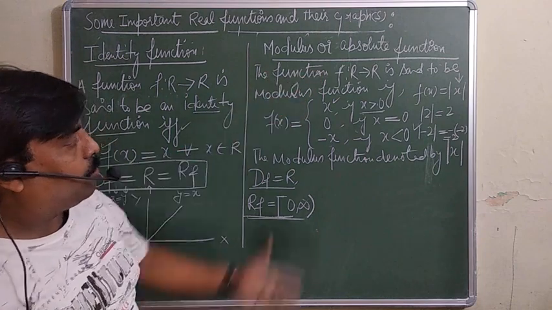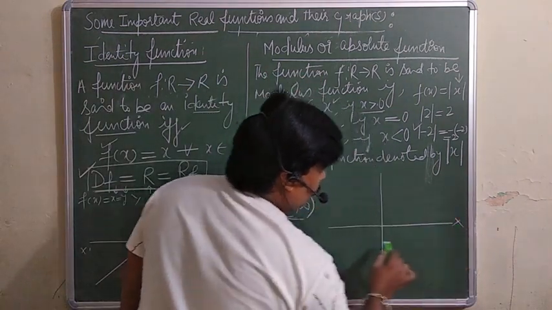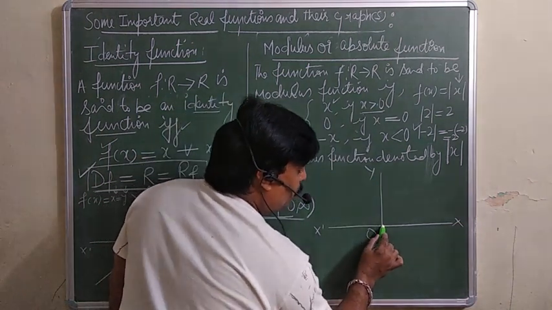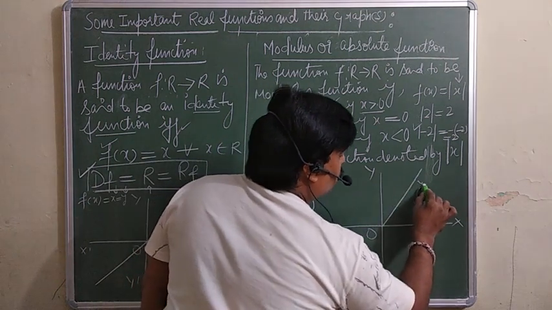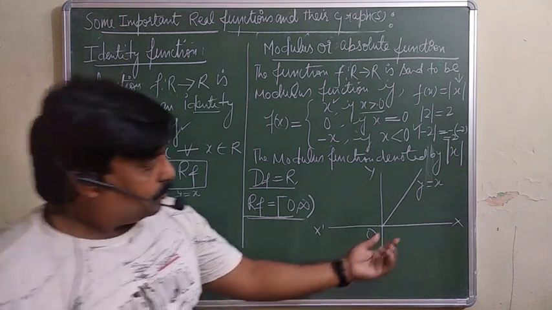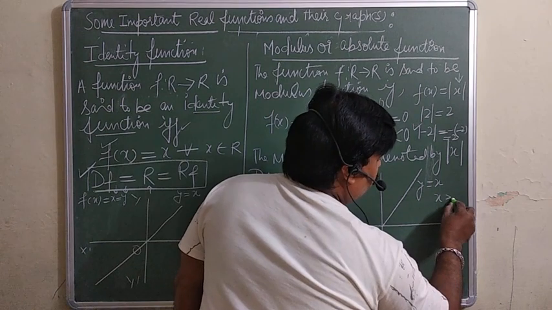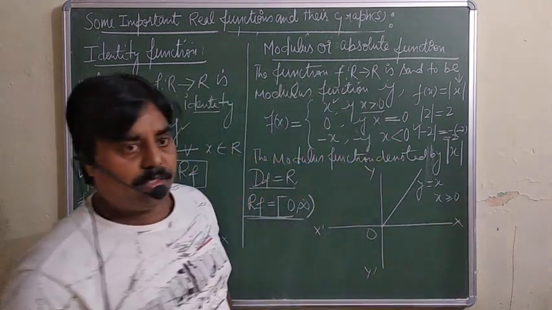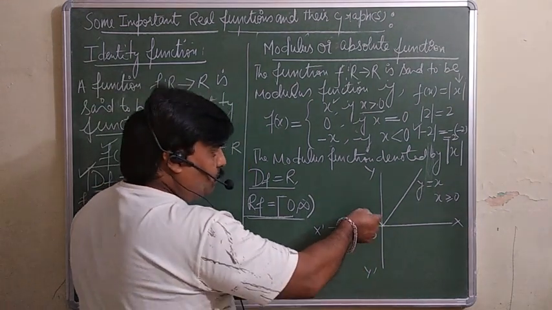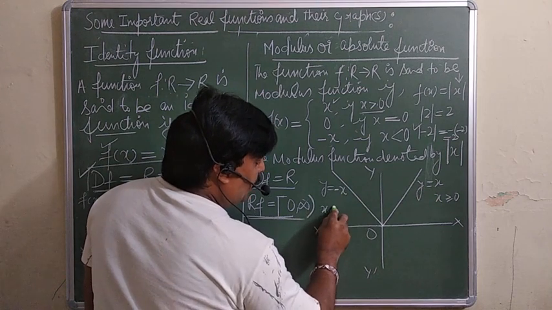If we draw the graph for this one, this is your graph: y is equal to x in case x is greater than or equal to 0, and y is equal to minus x if x is less than or equal to 0.